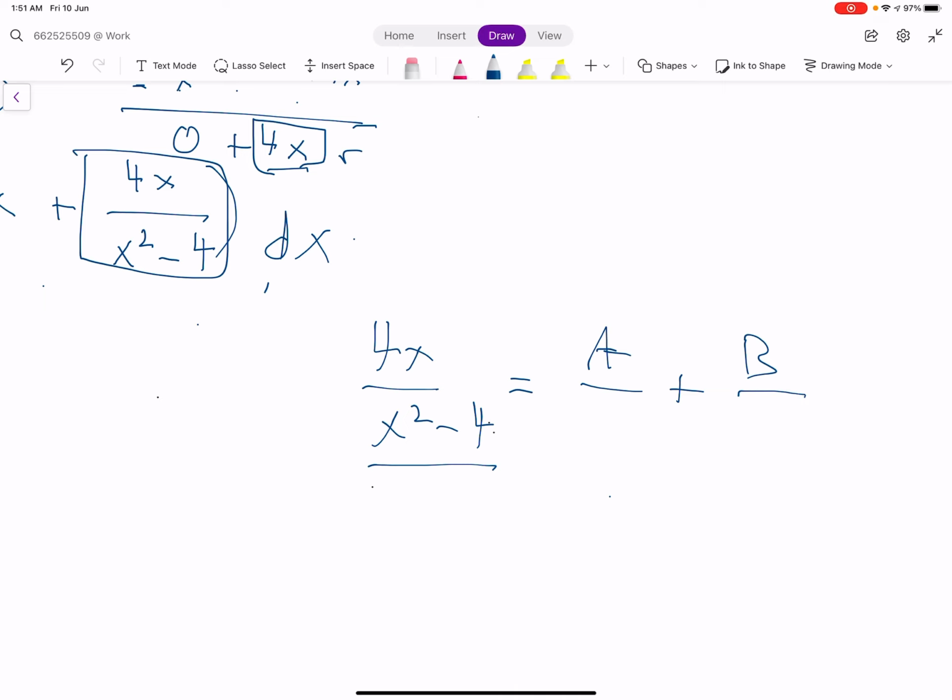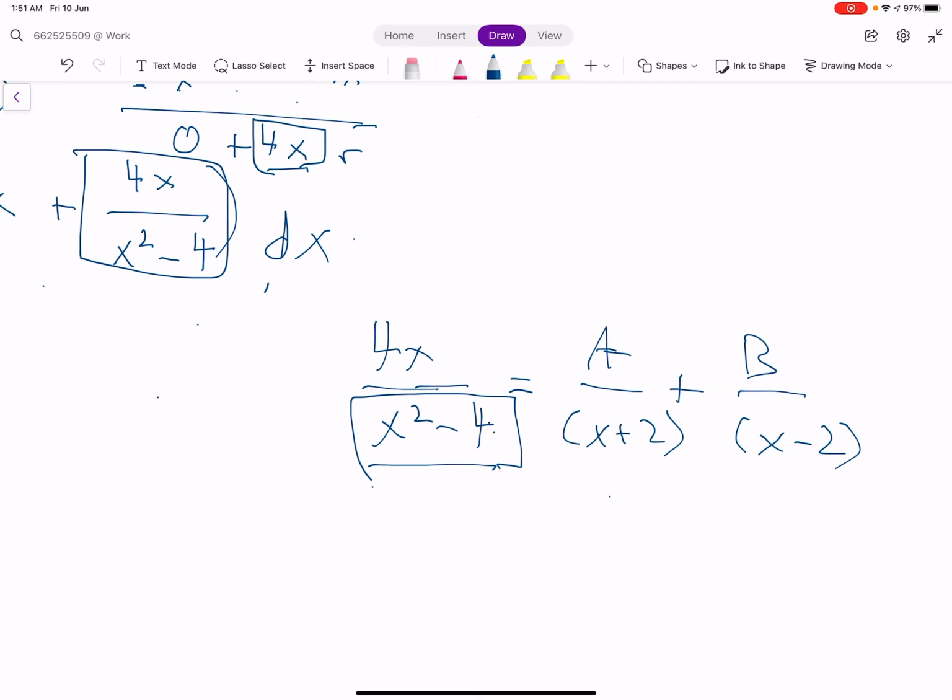We still don't know what the denominators will be for the 2 fractions that we have. We will factor the denominator. As we can clearly see, the denominator is a difference of squares. So it will be x plus 2 here, and x minus 2 here.